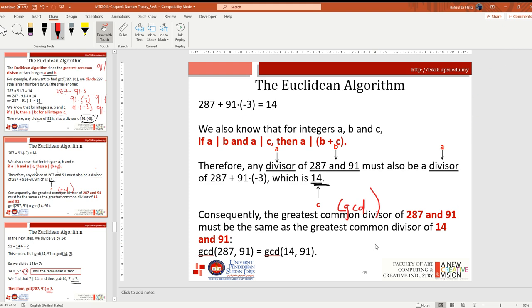Okay, and then for the Euclidean algorithm, we know for integers a, b, and c, any divisor of 287 and 91 must also be a divisor of 287 plus 91 multiplied by negative 3, which is 14. 14 is the remainder.